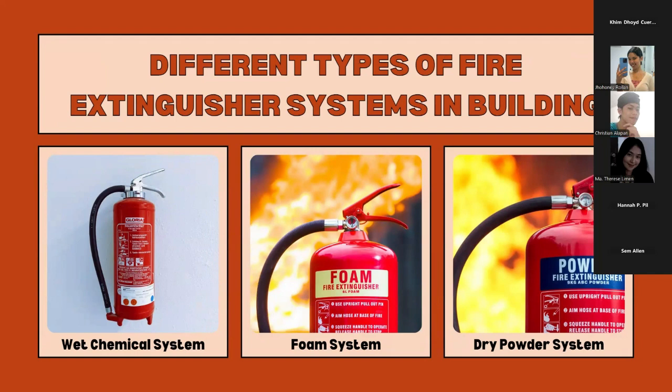What is wet chemical system for? It uses water mixed with chemicals that lower the surface temperature of flammable materials. This type of system is often found in commercial kitchens as it quickly stops fires in deep fat fryers and other cooking appliances.